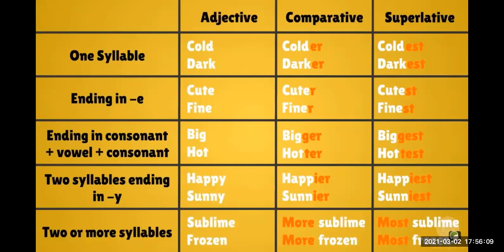These are some of the rules that you need to have very clear. I know that you have learned these rules before, but we are making a review so you can have this fresh and clear. Are there any questions about these comparatives and superlatives?